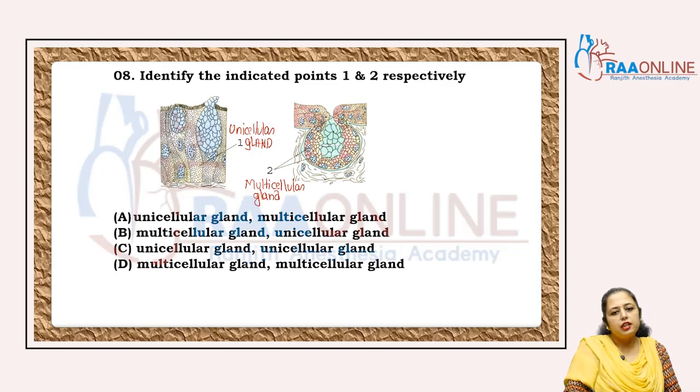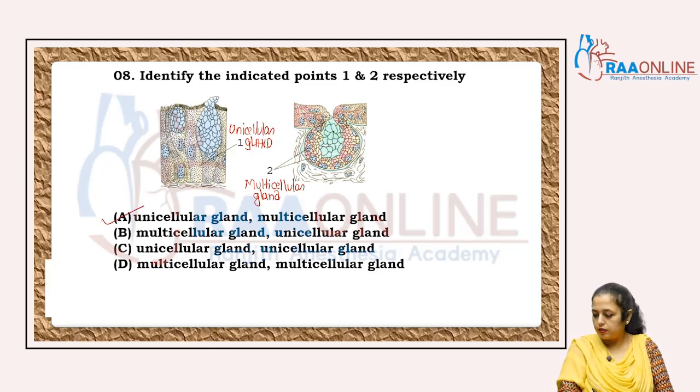So now identify 1 and 2, that is unicellular and multicellular. So the answer is A.